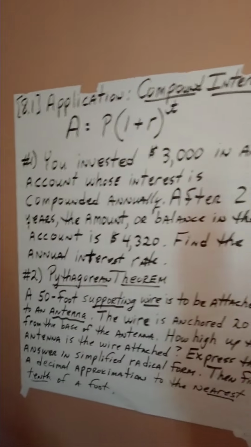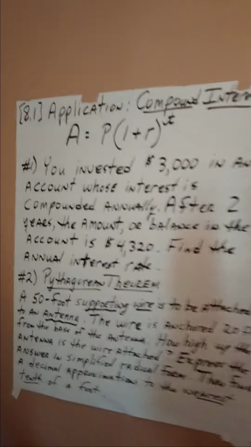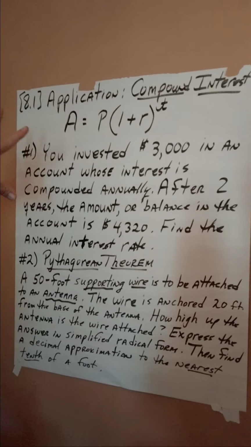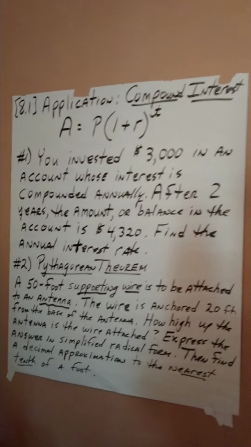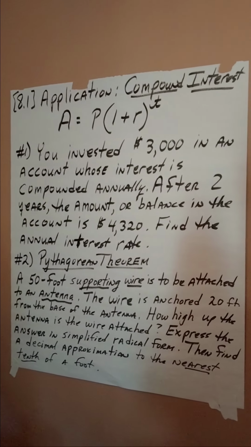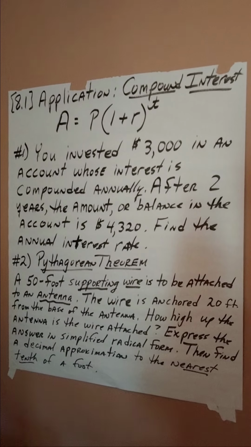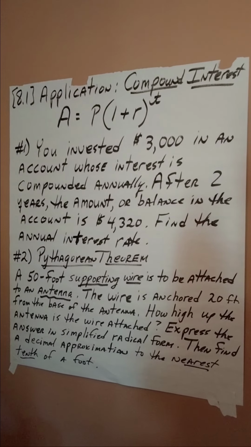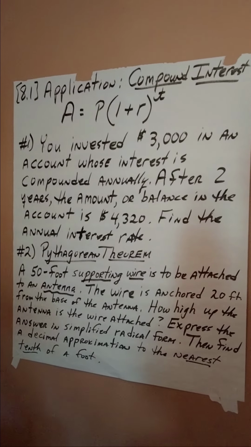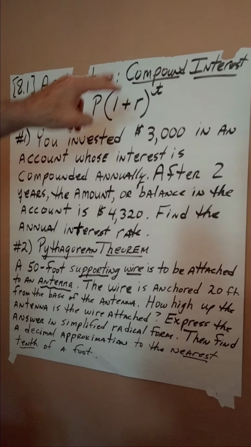Now, there's two application problems that we're going to look at, and we're looking at them both on this area on my wall. The first application is dealing with a mathematical model. We've already done a problem that has dealt with a mathematical model, and we're looking at another one. It is an application that is dealing with compound interest.